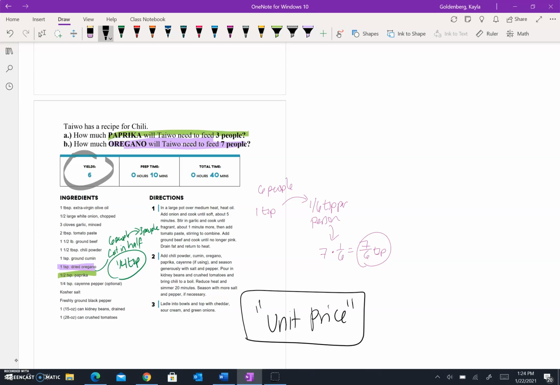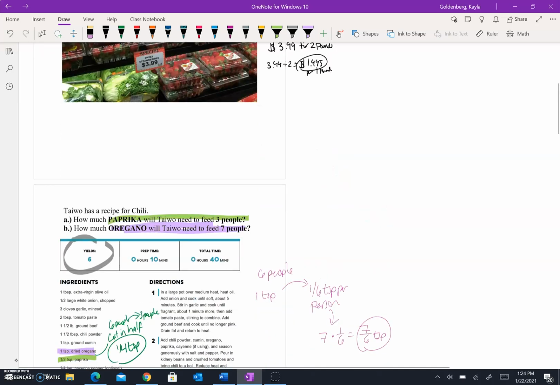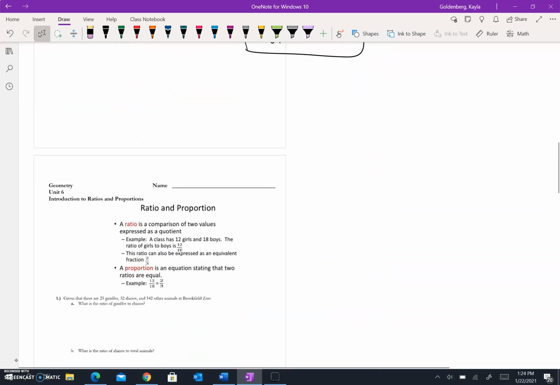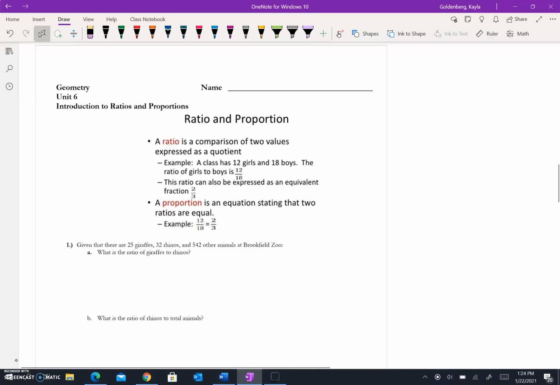Here the unit amount is how much oregano 1 person has. So it's not quite a perfect comparison for the recipe. It's a better comparison for the strawberries, but we're finding the amount per person or per pound. And now we're going to do some more formal notes.